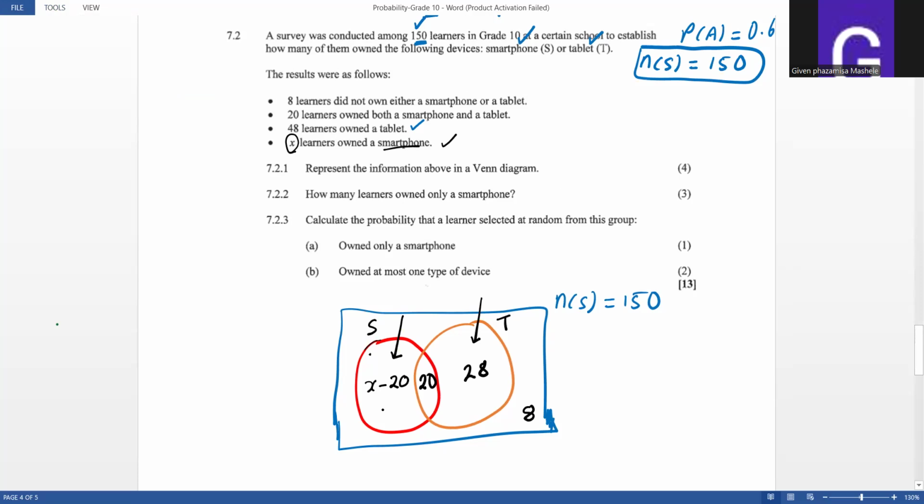But we know this must add up to 150. So what does it mean? If we take X minus 20, we add it with 20, we add with 28, we add also with the 8, the neither. This must add up to 150.